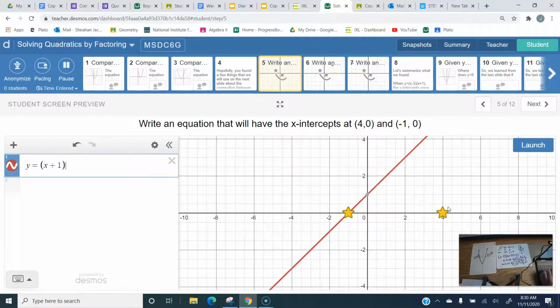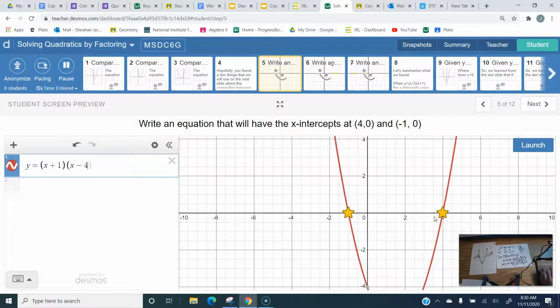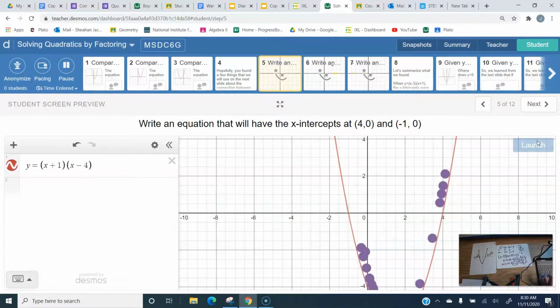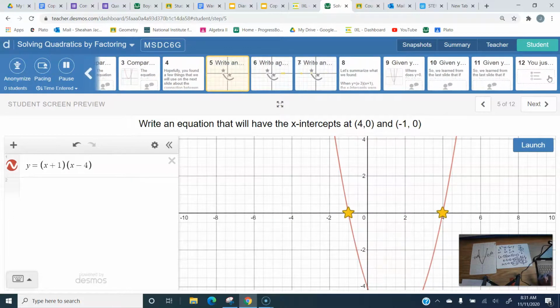And here I have a +4, so I'm going to put x -4 instead. And if you've gotten it right, you can click launch, and you'll see these little guys hit the stars for you.